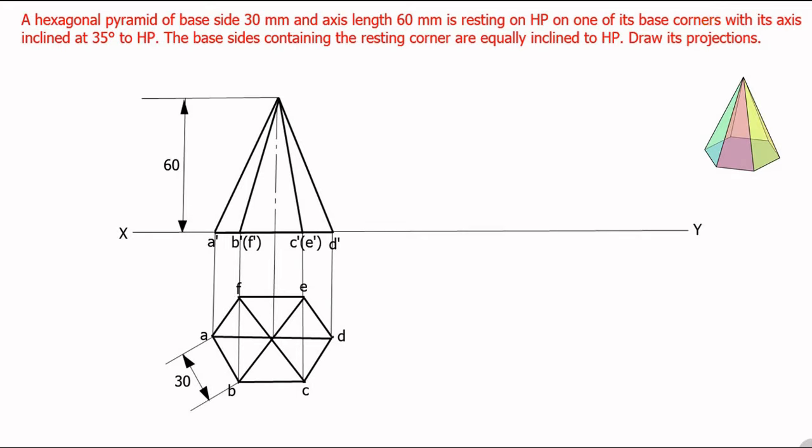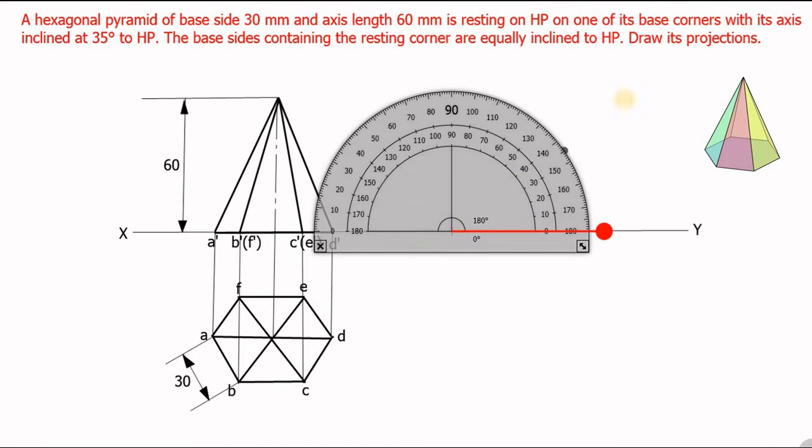Next let us move to the second position, that is inclination with HP. It is given that the axis is inclined at 35 degrees to HP. This inclination should be drawn here. Whenever the HP inclination is there, the inclination will be visible in the front view, so we need to draw above XY, along XY.